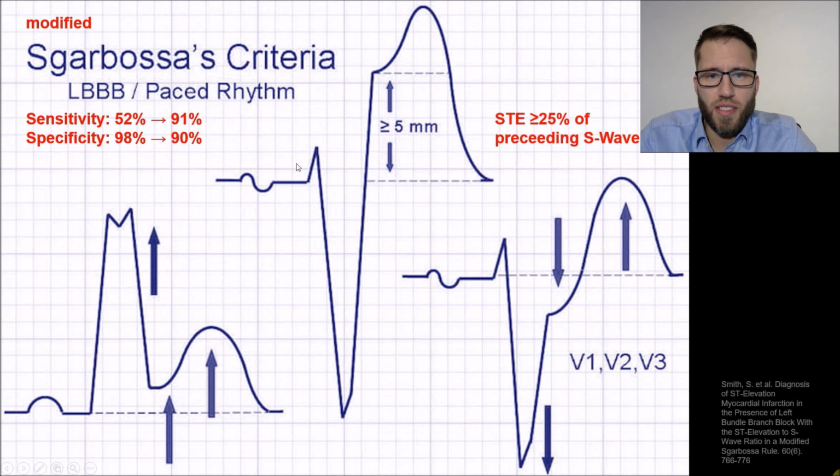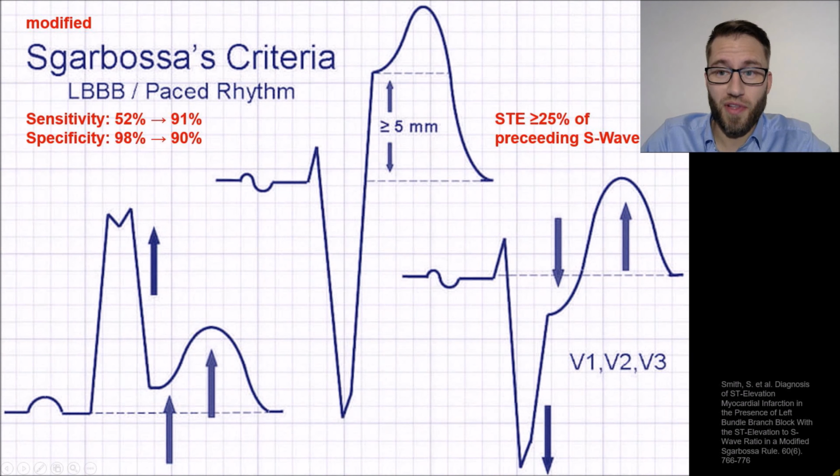The change is that you are looking in any of the leads, not for the 5 millimeter threshold, but for a concordant ST elevation of 25% of the preceding S wave. 25%. Now let's have a look at our patient's case if one of these criteria are positive here.